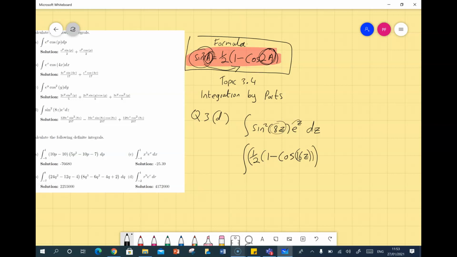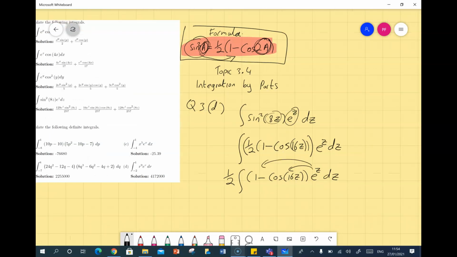And I'm multiplying that, of course, by e to the power of z dz. So the half is multiplying everything here, so I'm going to pop my half out in front. So it'll be a half times 1 minus the cosine of 16z, all multiplied by e to the power of z dz. And now I'm going to multiply my e to the power of z in.